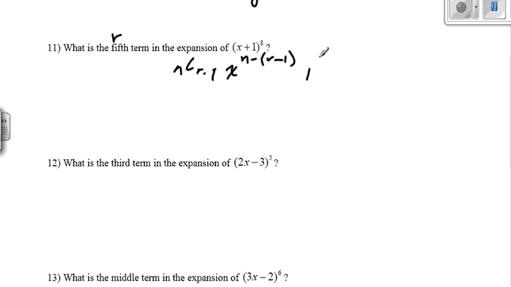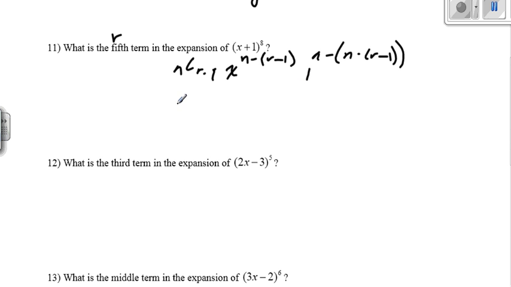And then I'm looking for the n minus the r minus 1 term.